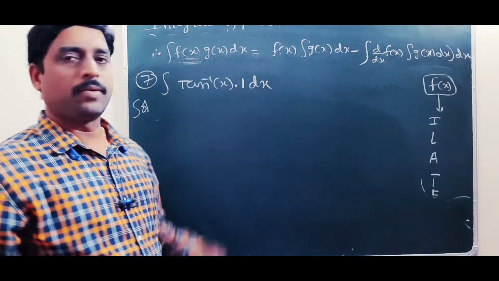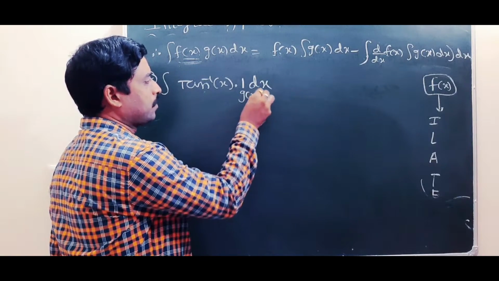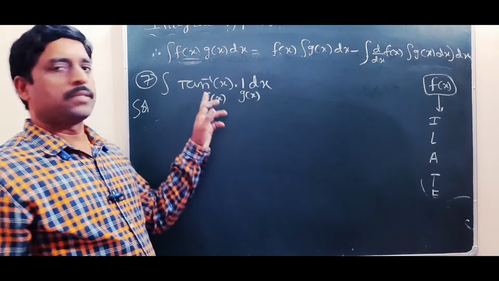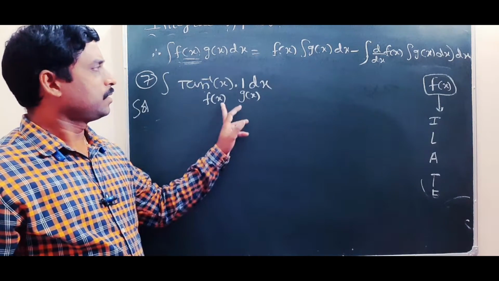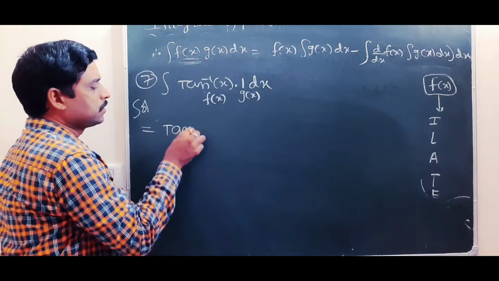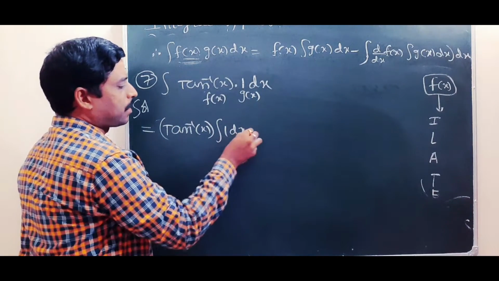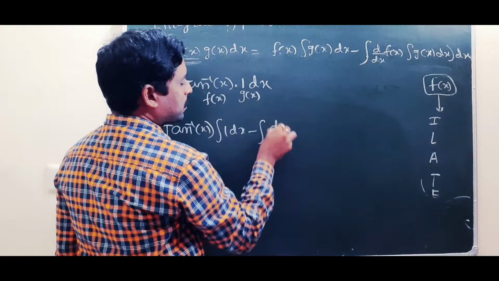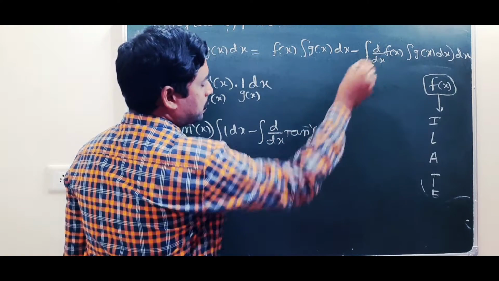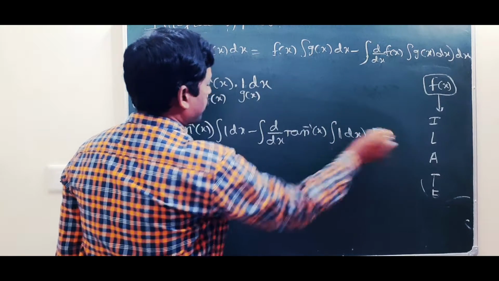Integral tan inverse x into dx. Okay. In this, let us take g of x is 1, f of x is tan inverse x. So on substituting f of x, g of x values in this formula. So what is the formula? F of x, tan inverse x, into first function into integration of second function minus differentiation of first function into integral second function, integration of g of x, integration of 1 dx whole dx.